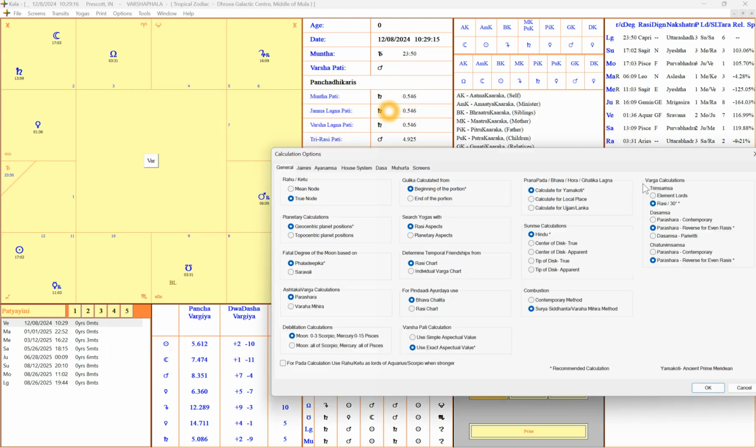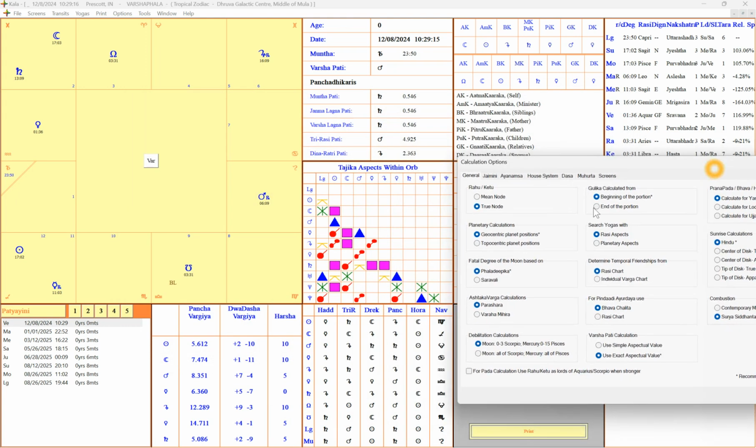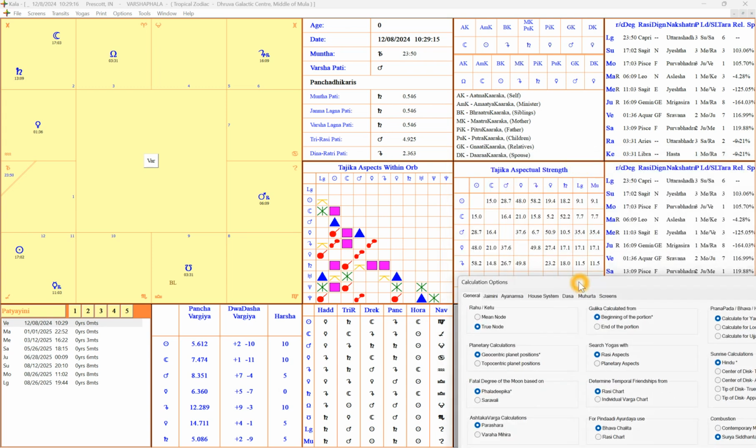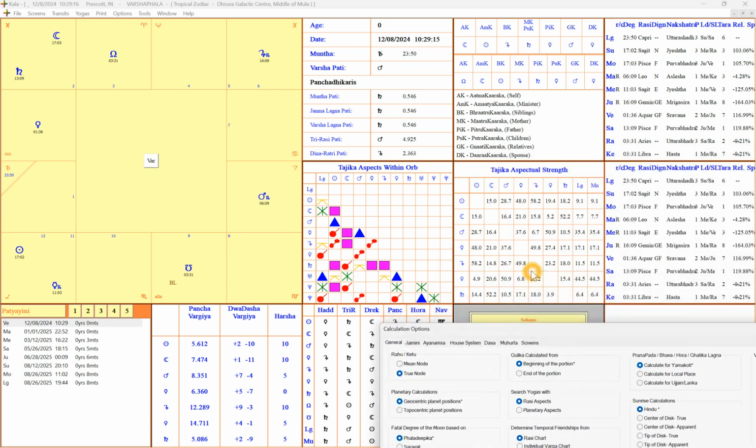With this chart, when we use the exact aspectual value, Mars becomes the Lord of the year. Okay? The reason is because he's aspecting the first house to 35 points. That combined with his strength makes him have the strongest influence.